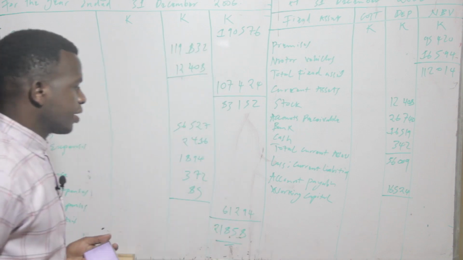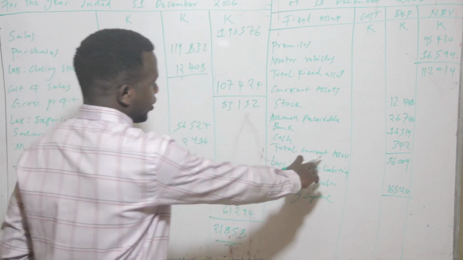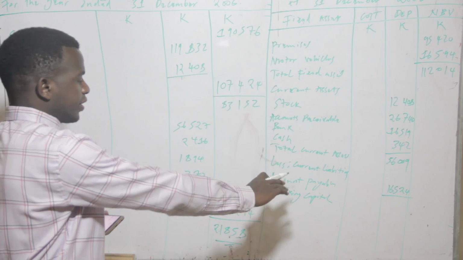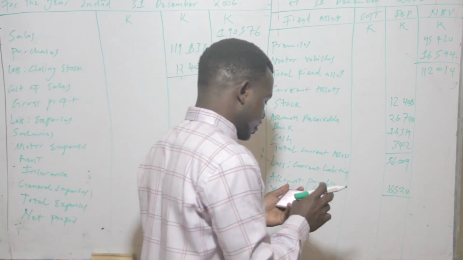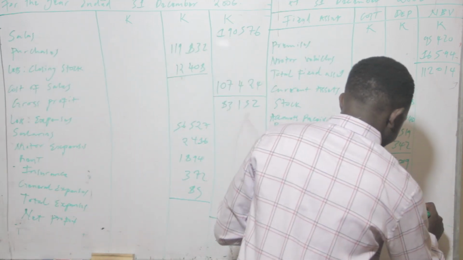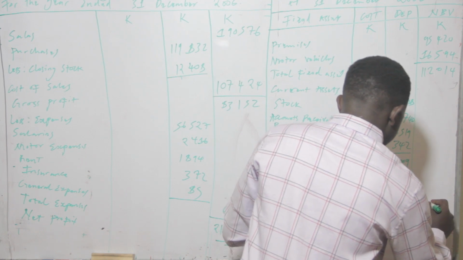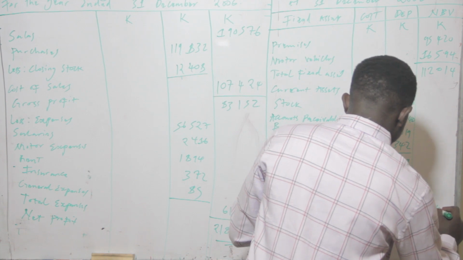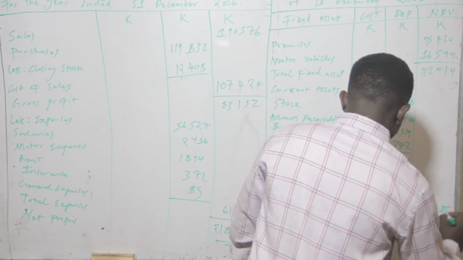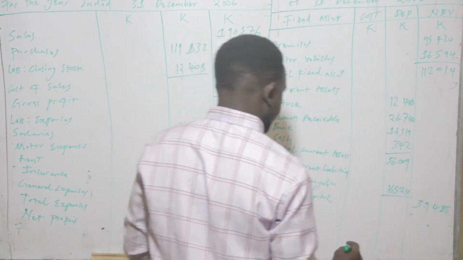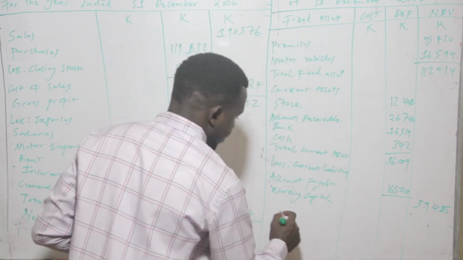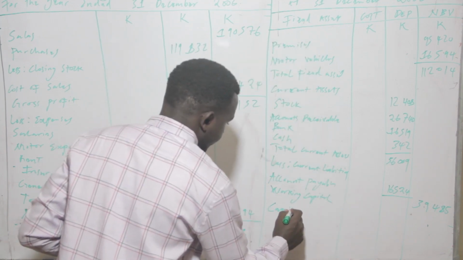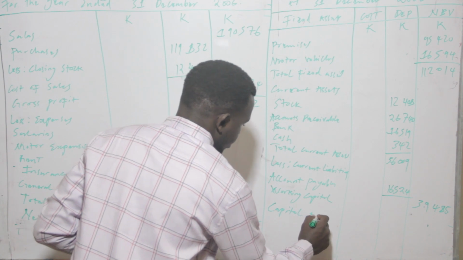And finding the difference there, we're going to find the working capital. So to find the working capital, we're going to say total current assets minus the current liabilities. And the answer there, we're going to have 39,485. Then we can find our capital employed.